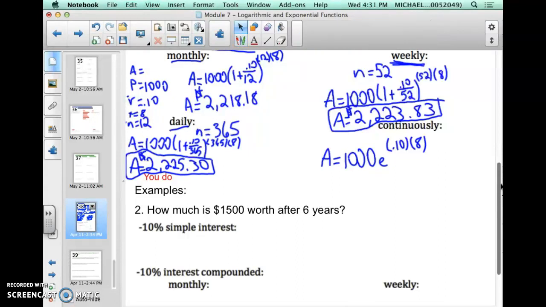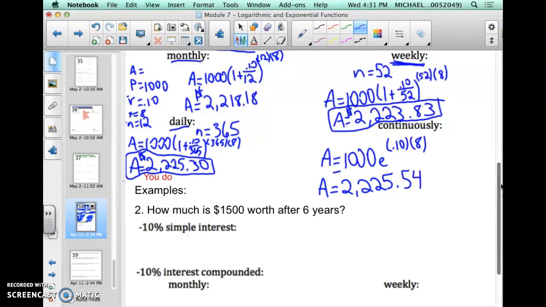And when I put that in the calculator, I get 2,225.54. So continuously gives us the highest amount of future value, even if it's just by 20 cents or so.